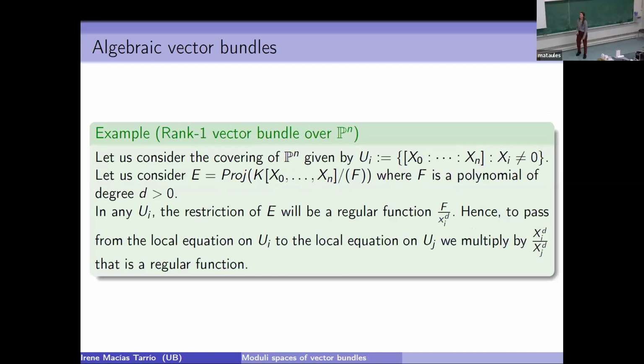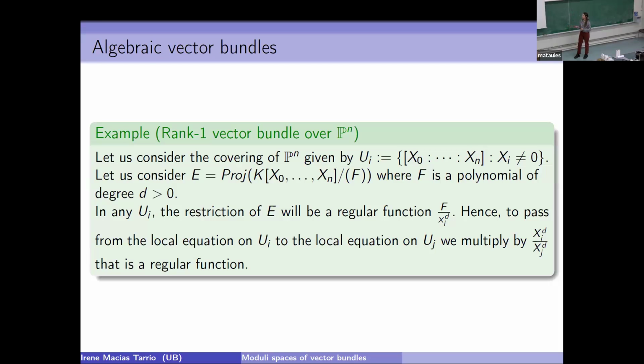This will be another example of a vector bundle, but you may only understand this if you are more used to working with algebraic geometry. But okay, we are in the projective space, and we take the covering as before. So this is the ring of polynomials quotiented by an ideal of a polynomial. This approach is the analogue of taking the prime ideals, but in the projective space.